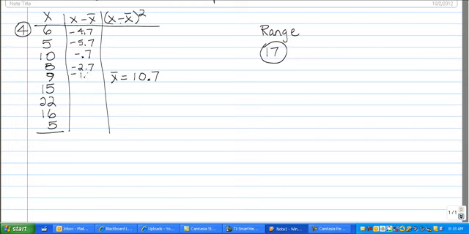Negative 1.7. 15 minus 10.7 is 4.3. 22 minus 10.7 is 11.3. 16 minus 10.7 is 5.3. And we have one of these already. Again, I'm going to erase this so I can do my next column.